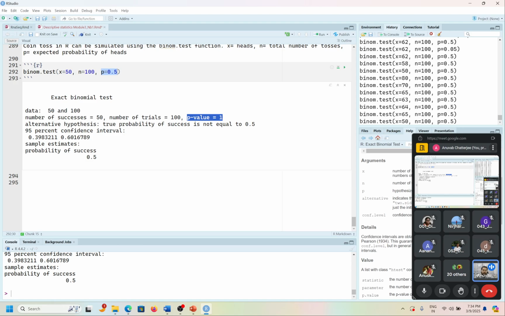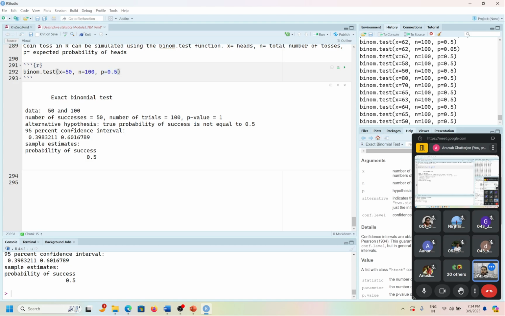So our idea was, if the p-value is less than 0.05, then we would be able to say significantly that the coin is not fair. Here we are getting a p-value of 1, which is pretty high. So there is no problem at all, the coin is fair.